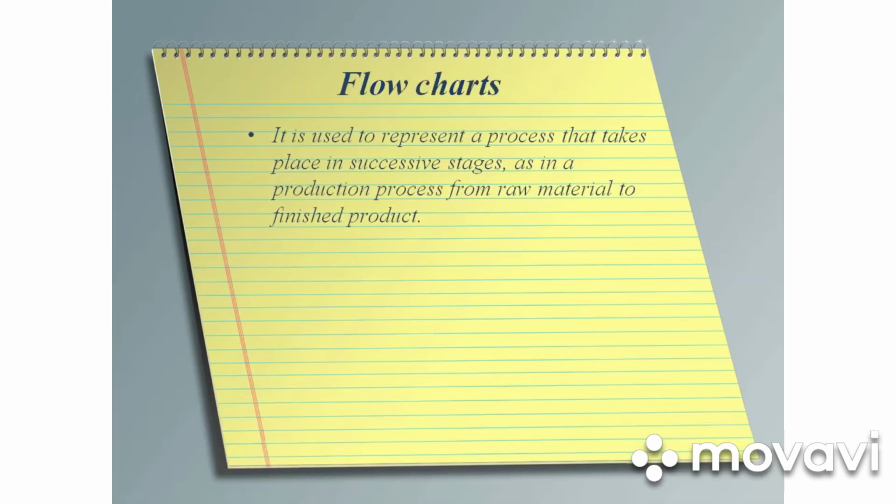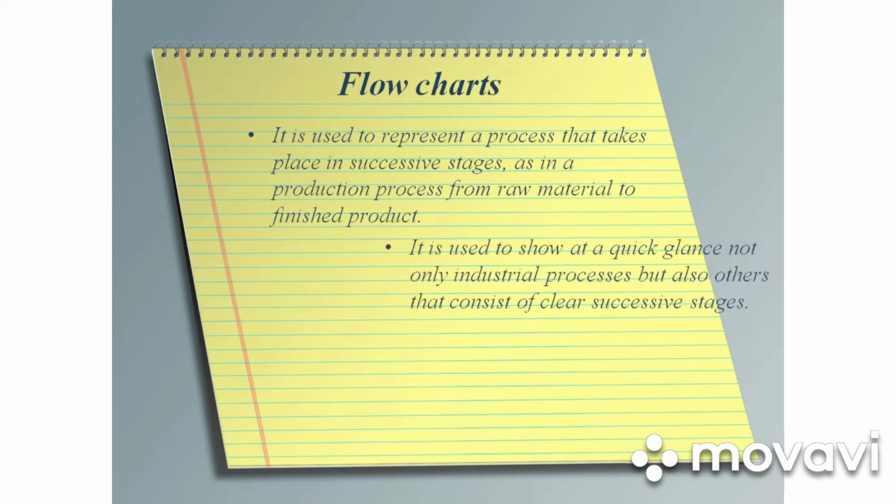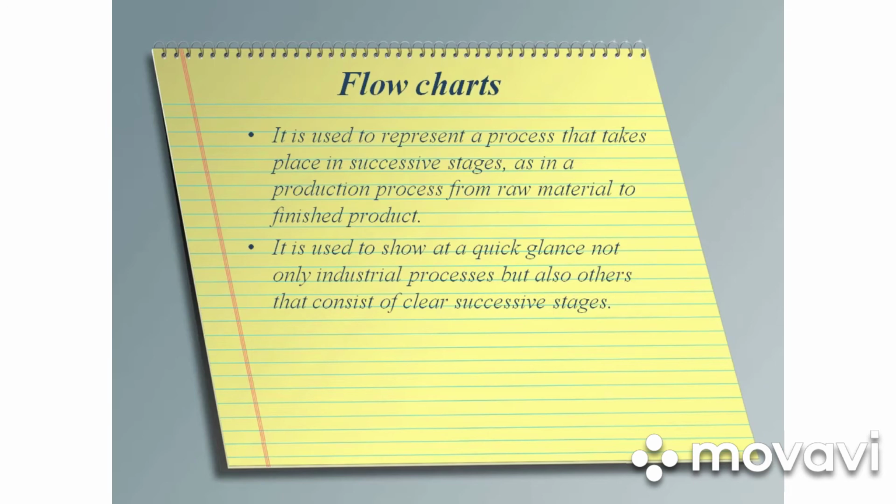Flowcharts. Flowcharts are used to represent a process that takes place in successive stages, as in a production process from raw material to finished product. Similarly, it is used to show at a quick glance not only industrial processes but also others that consist of clear successive stages.